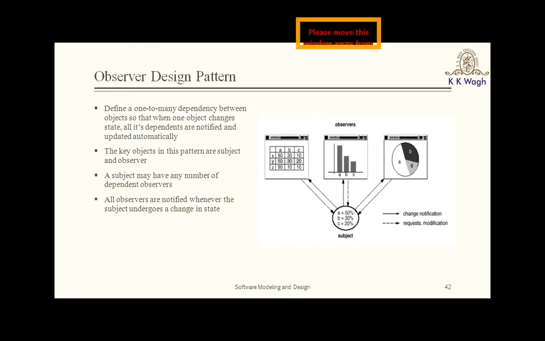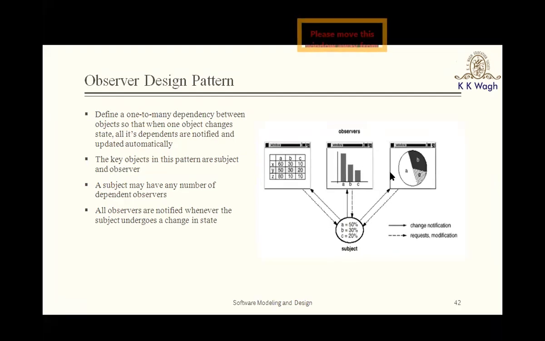You can use the observer pattern in situations like when an abstraction has two aspects, one dependent on the other. Encapsulating these aspects in separate objects lets you vary and reuse them independently. In such situations, you can use the observer pattern. Or when a change to one object requires changing others as well, and you don't know how many objects need to be changed.